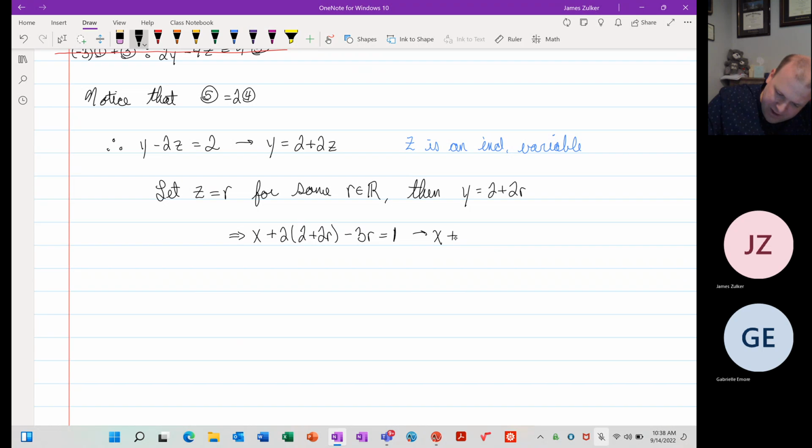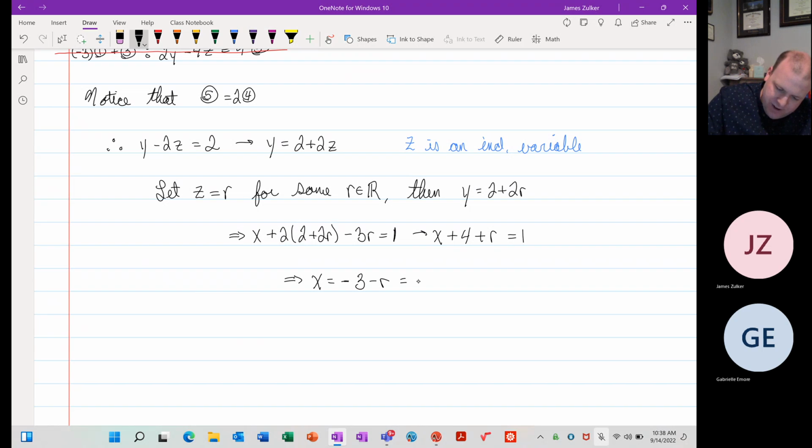We get x plus 4 plus 4r minus 3r, which is just plus r. That has to equal 1. So x would be negative 3 minus r.